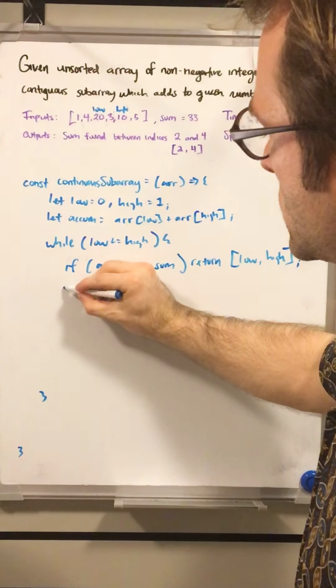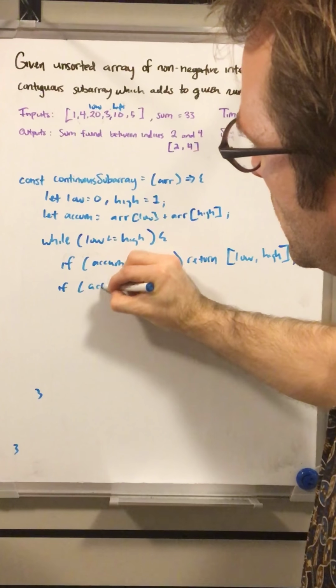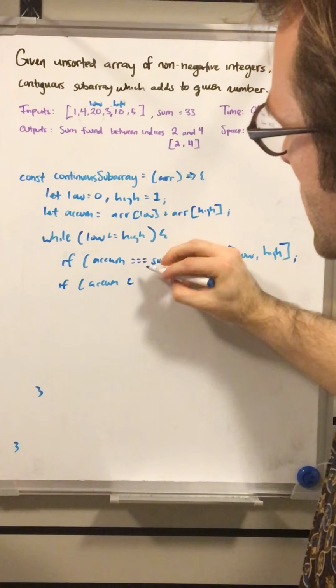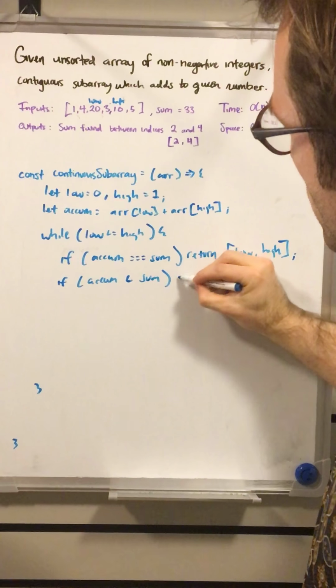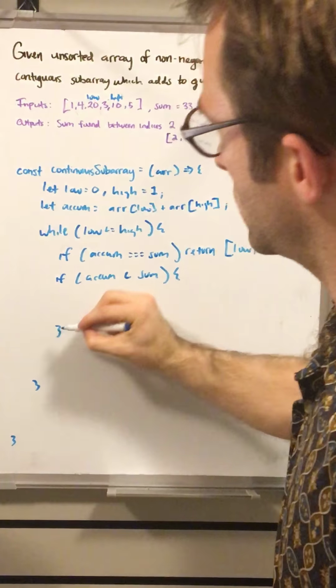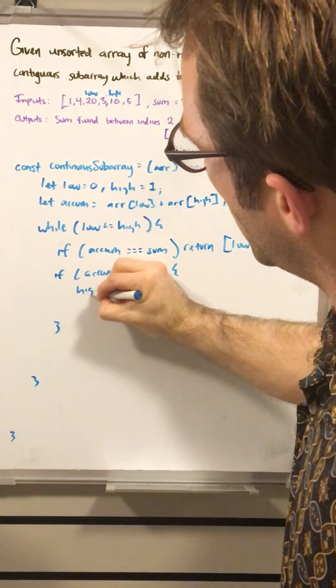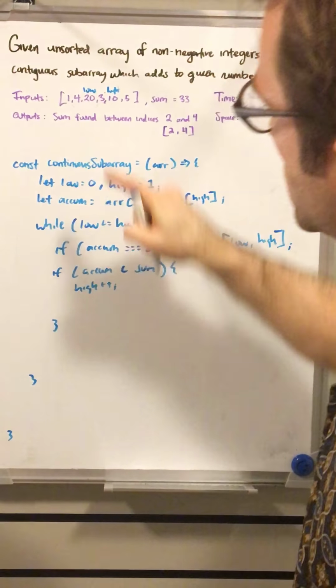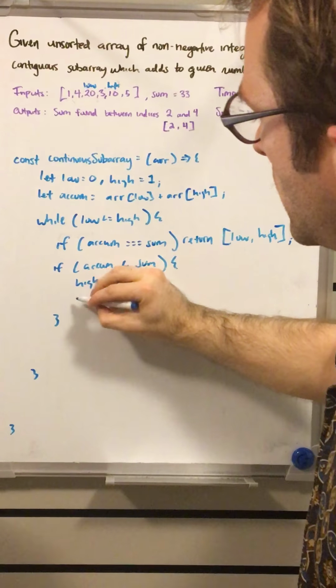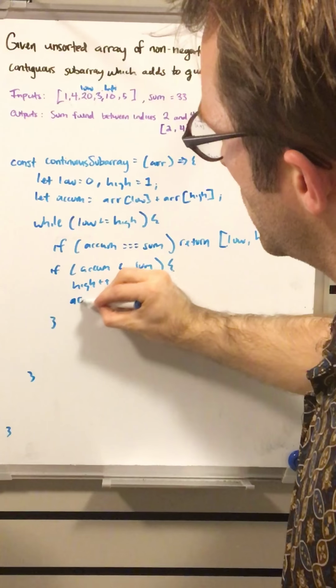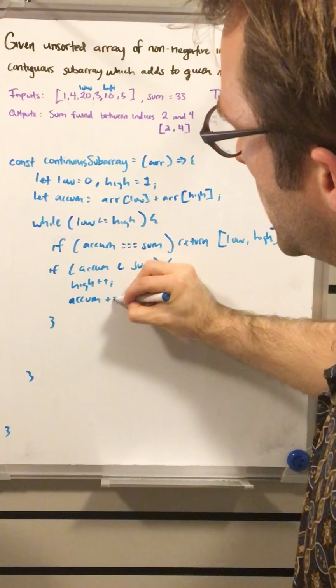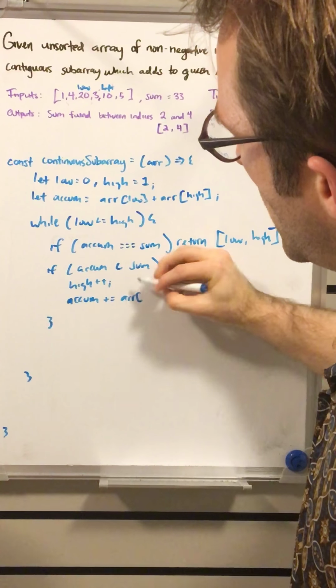If that's not the case, what we want to ask is if the accum is less than the sum. If that's the case, we want to increment our high, so move it from 4 to 20, and then we want to add on to the accum, plus equals array at high.